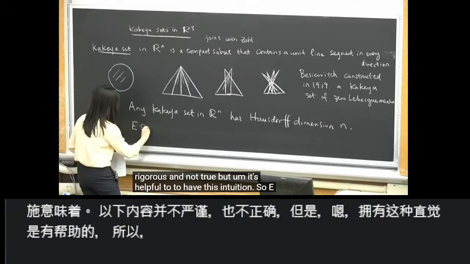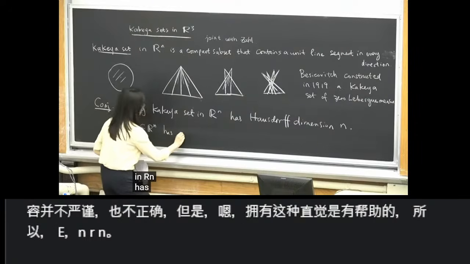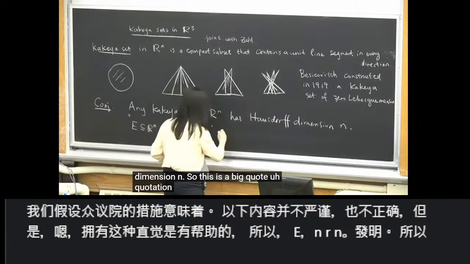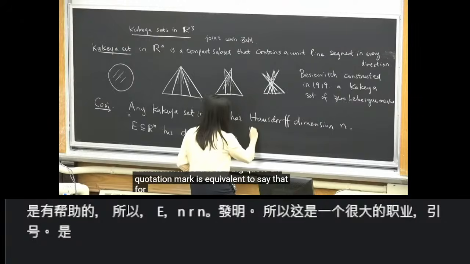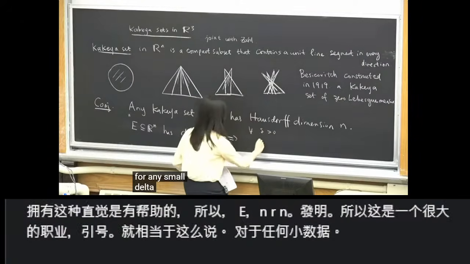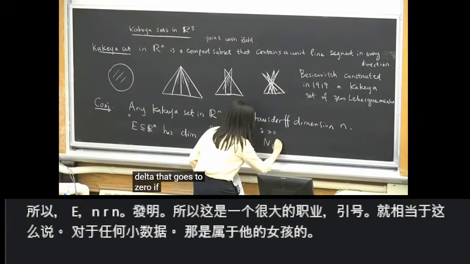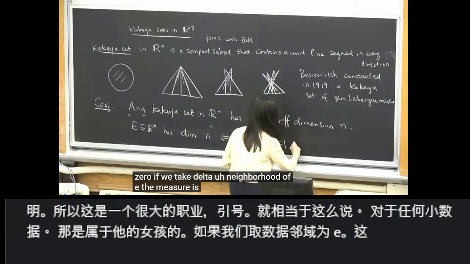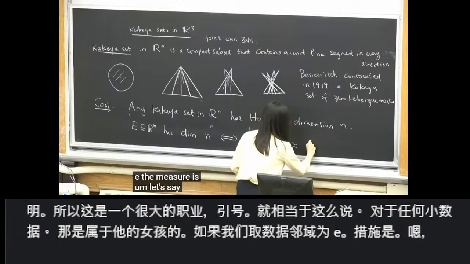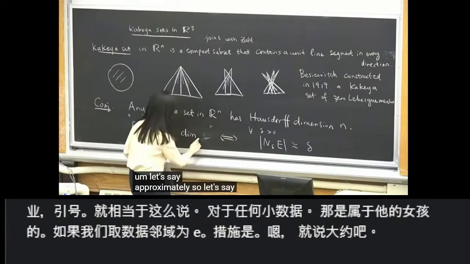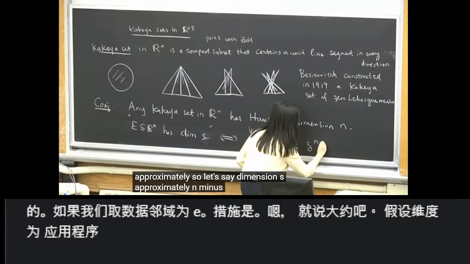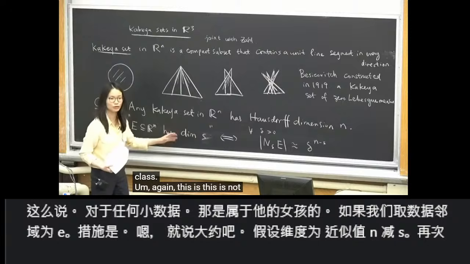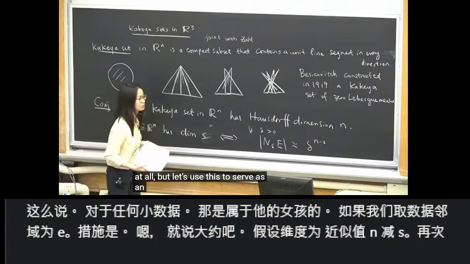So E in Rn has dimension n, in big quotation marks, is equivalent to saying that for any small delta that goes to 0, if we take the delta neighborhood of E, the measure is, let's say for dimension S, approximately delta to the n minus S.